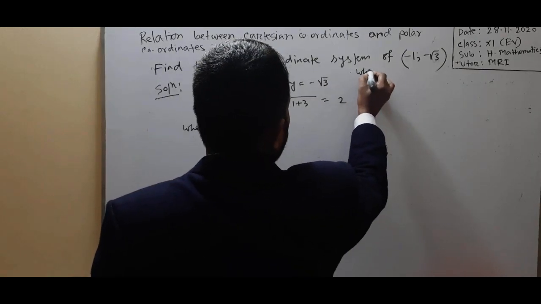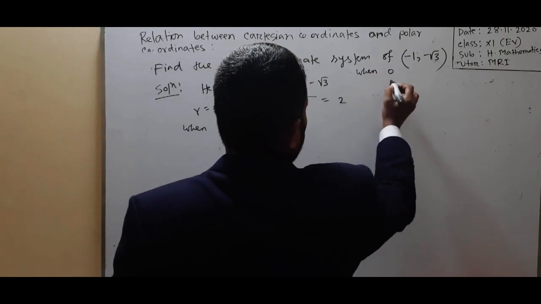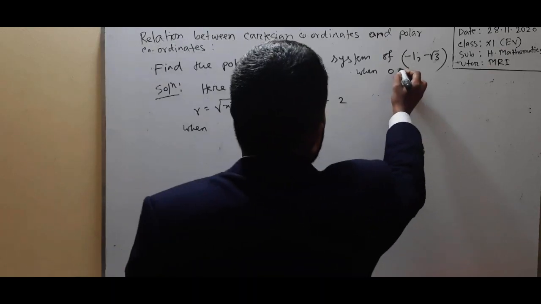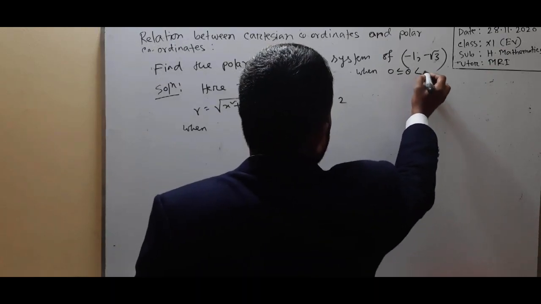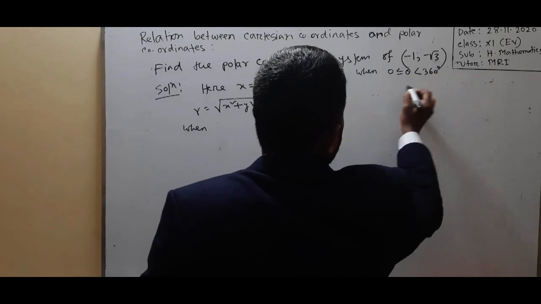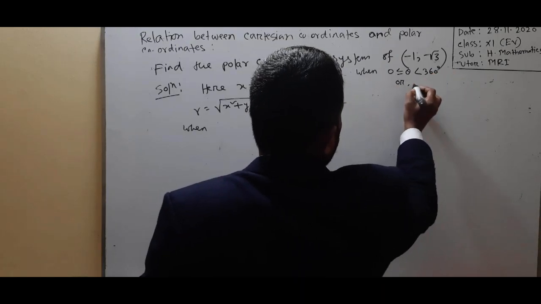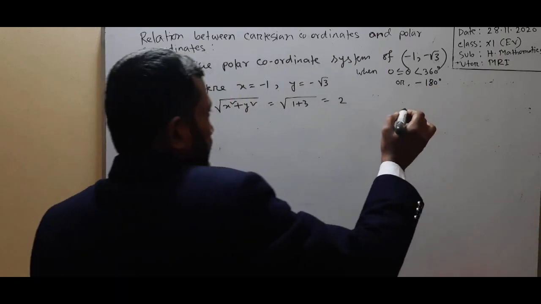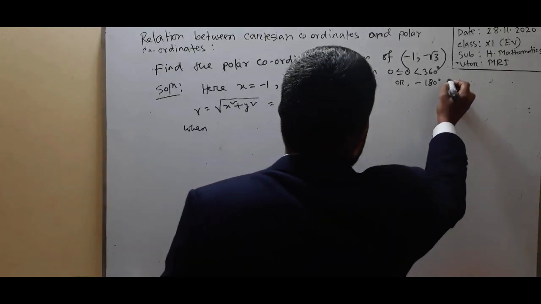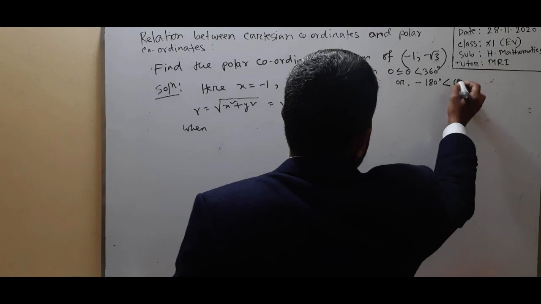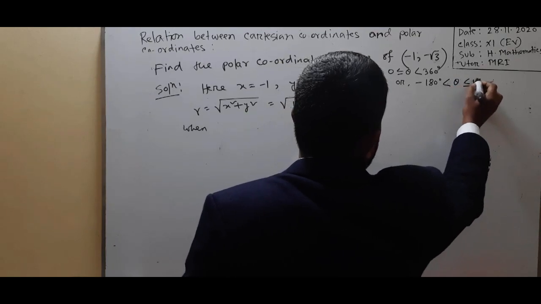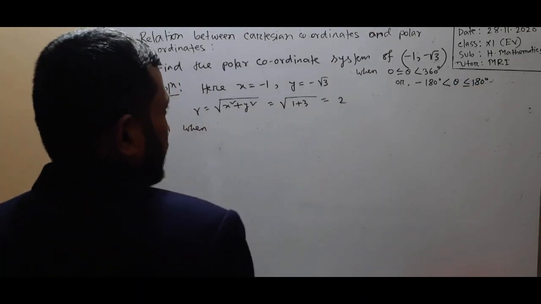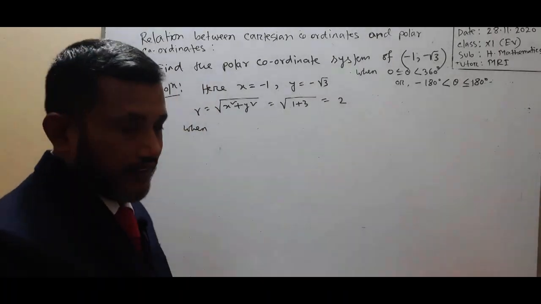Remember the condition given: 0 less than or equal to theta less than 360 degree, or minus 180 degree less than theta less than or equal to 180 degree. This is the degree system.